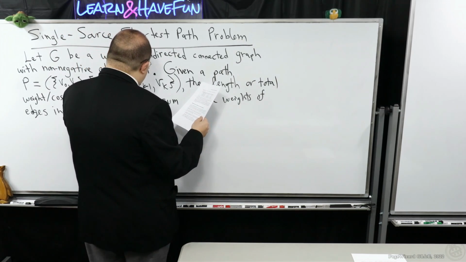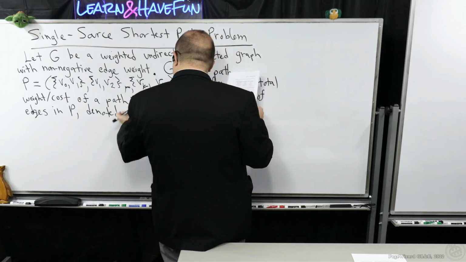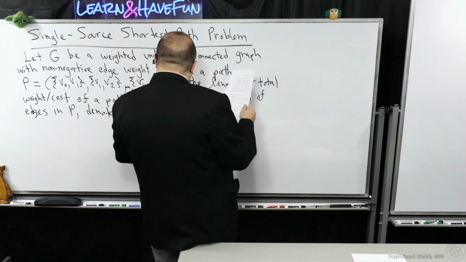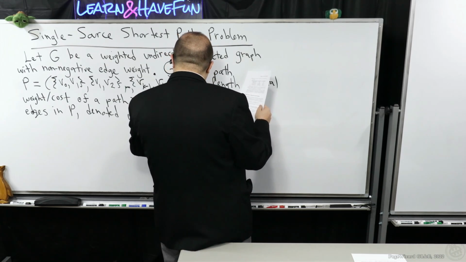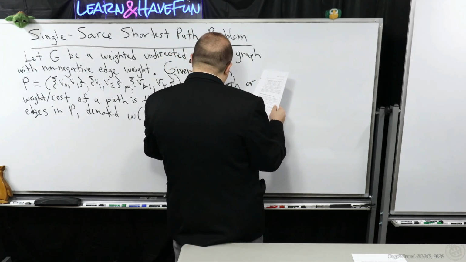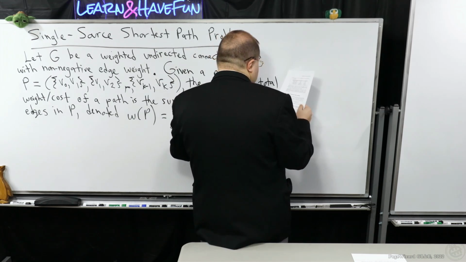I'll call it the weight of that path, or the total cost, or the length. Formally, it's the sum from i equals 0 to k of the weight of each one of the edges, and I'm just going to add them up.